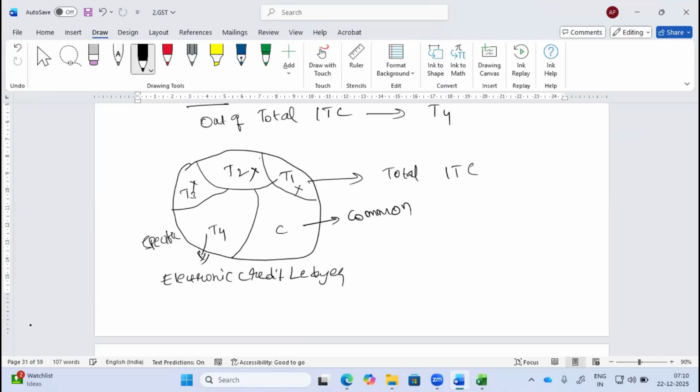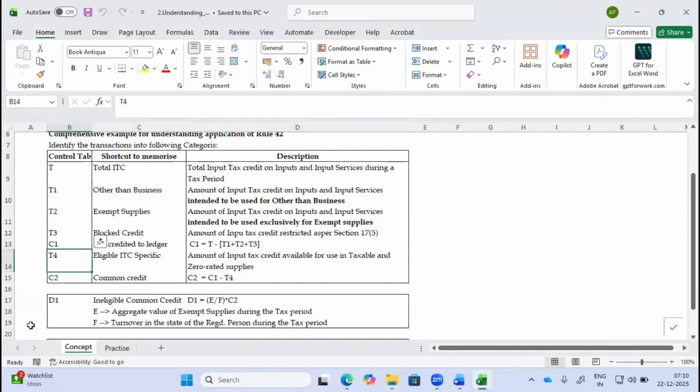Government says that, let me call this as C1. Government says that let C1 and T4 be credited to electronic credit ledger. Let that travel. Out of that, they say T4, which is specific, I'm not going to question you. Enjoy the credit. I'm not going to ask you anything.